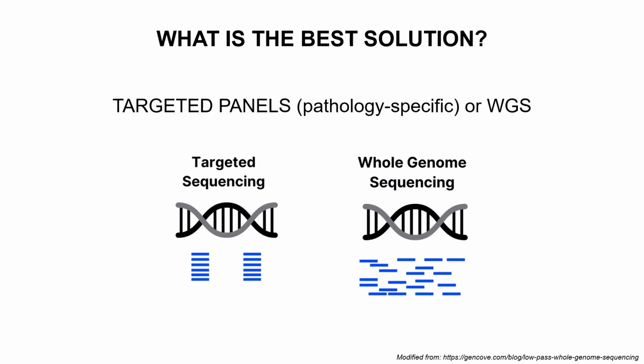Therefore, the choice should be based on balancing the scope of analysis, depth of coverage, cost considerations, and the clinical or research objectives. Considering all these aspects, we decided on a targeted NGS approach.